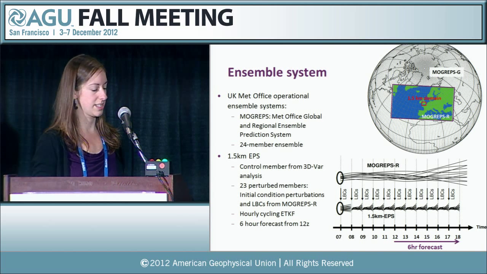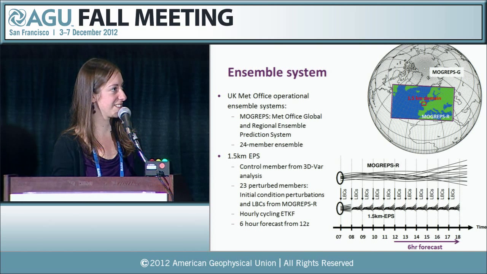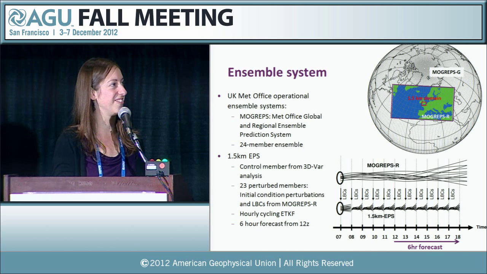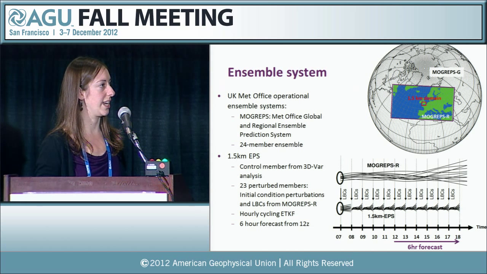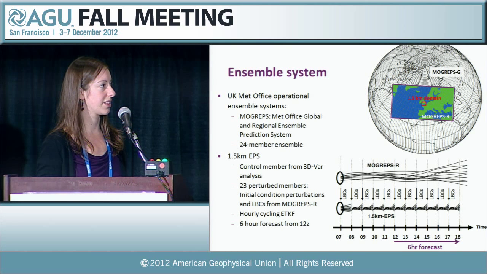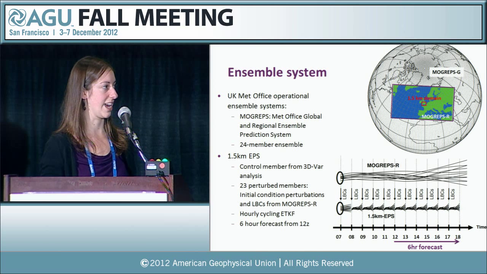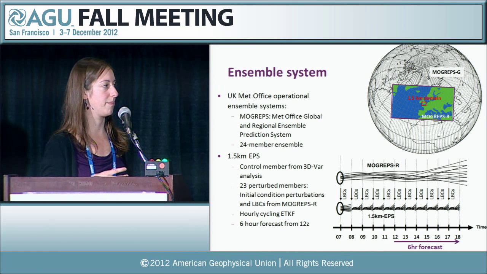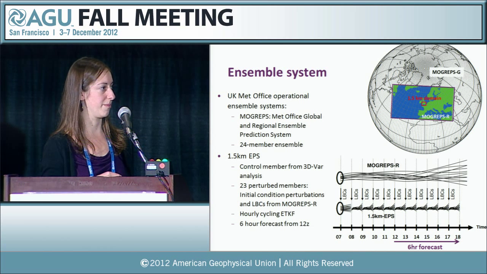Our system is a research EPS, and it covers this very small region here, which covers the southern UK. The control member comes from a 3D-Var analysis, and the initial conditions and perturbed lateral boundary conditions come from MOGREPS-R.